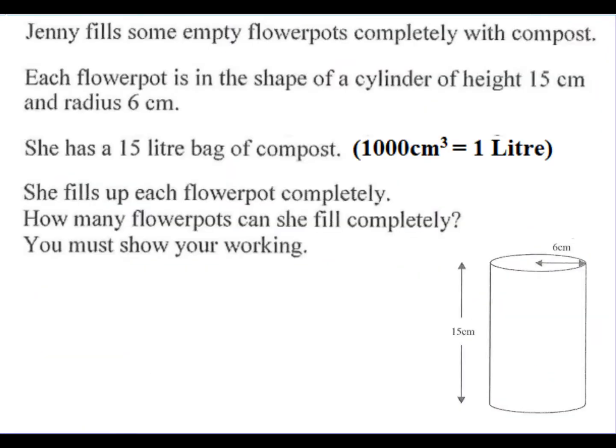Here's a functional skills type question on cylinders where we have a volume going into a volume. So Jenny fills some empty flower pots with compost. Each flower pot is in the shape of a cylinder that's 15 centimeters high and a radius of 6 centimeters. She has a 15-litre bag of compost where 1 litre fills 1,000 centimeters cubed.